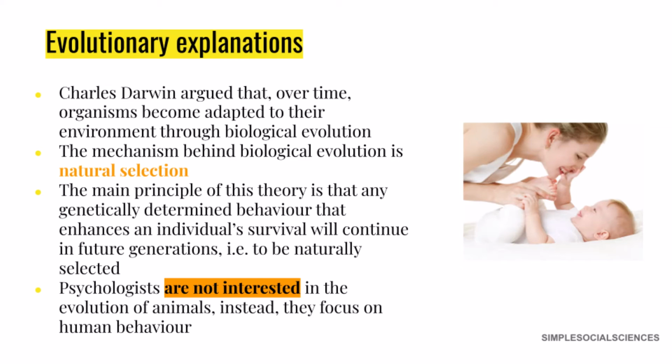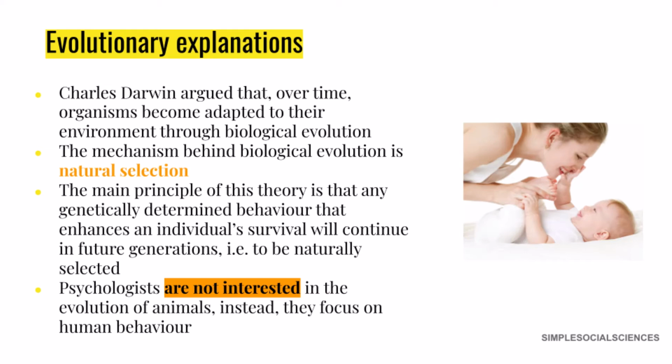The mechanism behind this evolution is natural selection. The main principle of this theory is that any genetically determined behaviour that enhances an individual's survival will continue in future generations. So they're naturally selected. Nobody decides. It's all based on what determines or enhances an individual's survival.